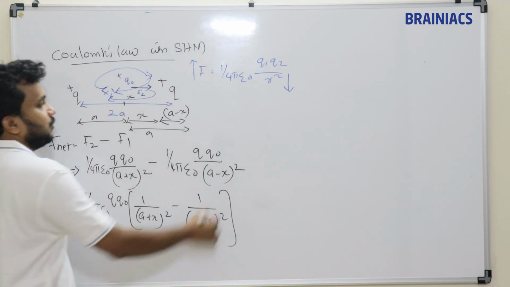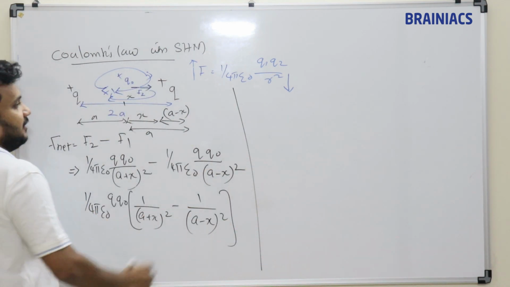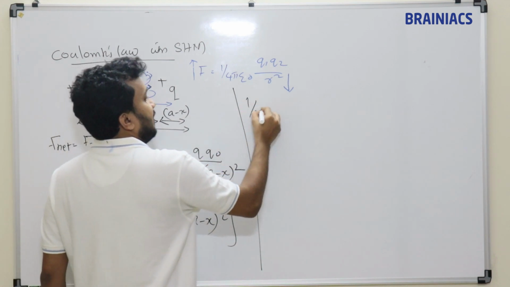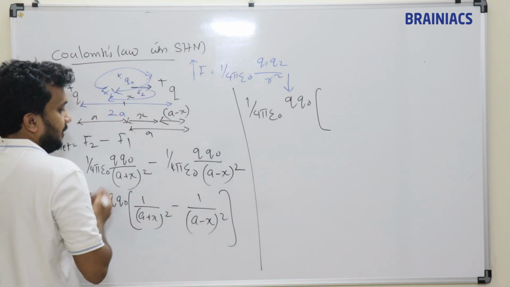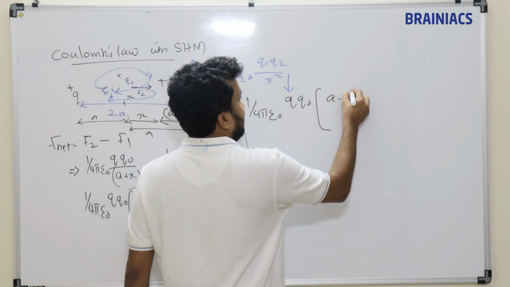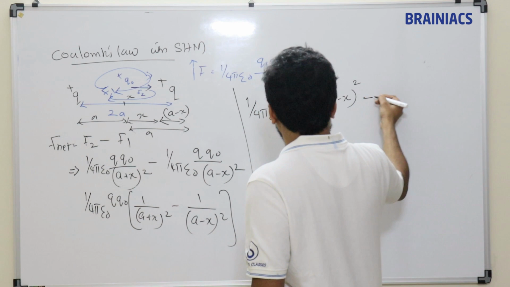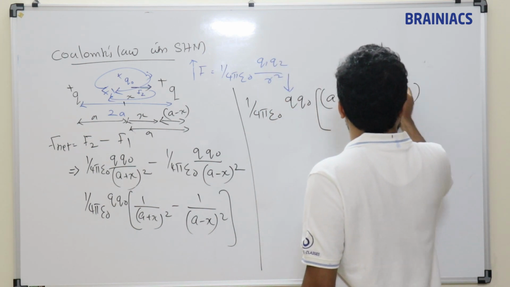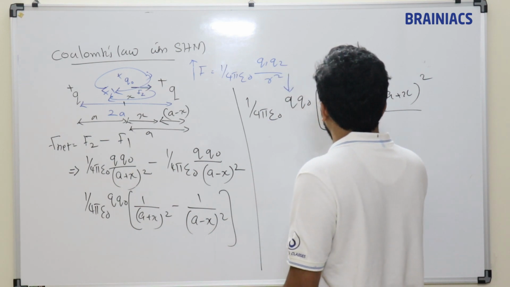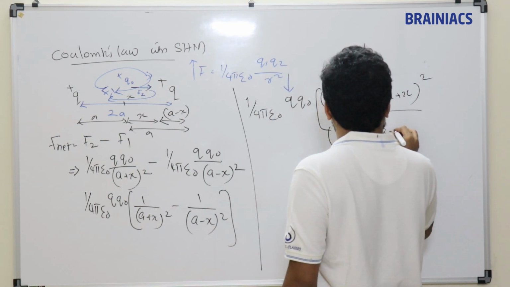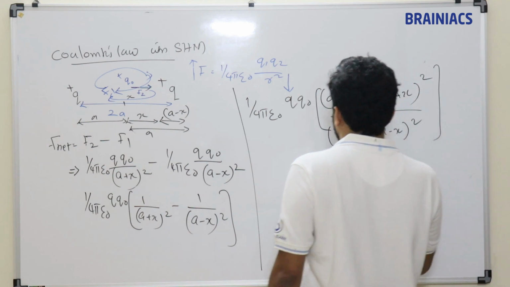We'll simplify this one. Cross multiply: A minus X the whole square minus A plus X the whole square, divided by A plus X the whole square into A minus X the whole square.